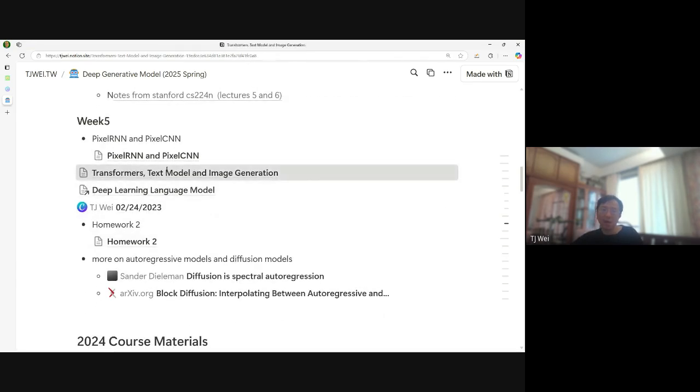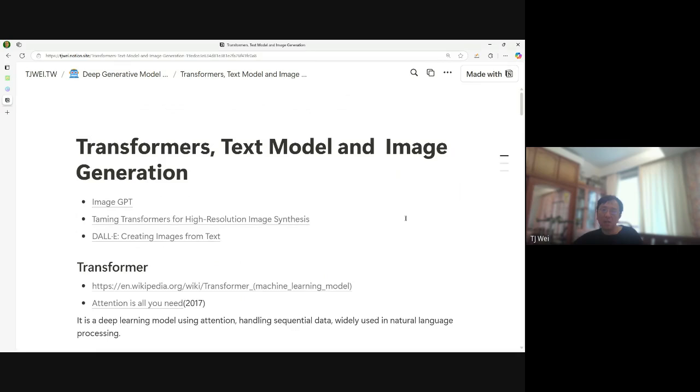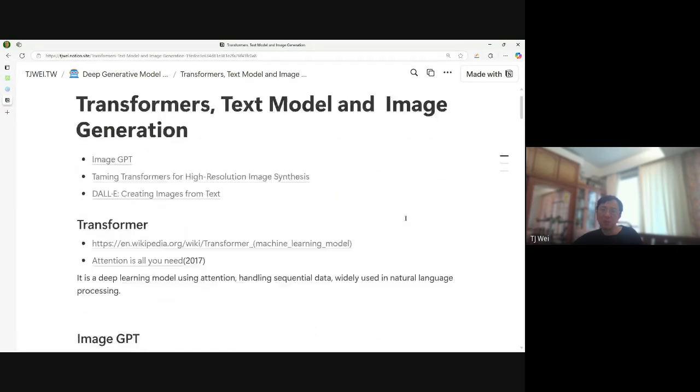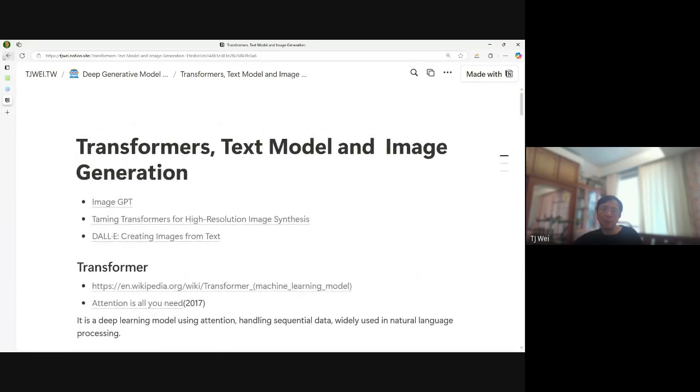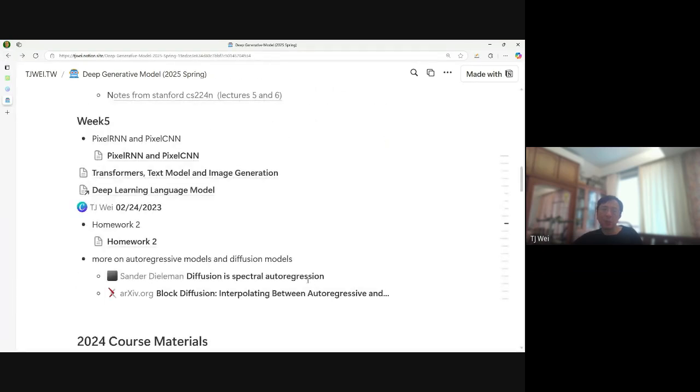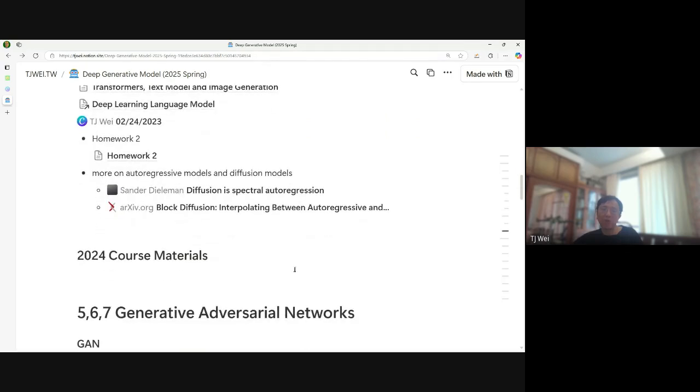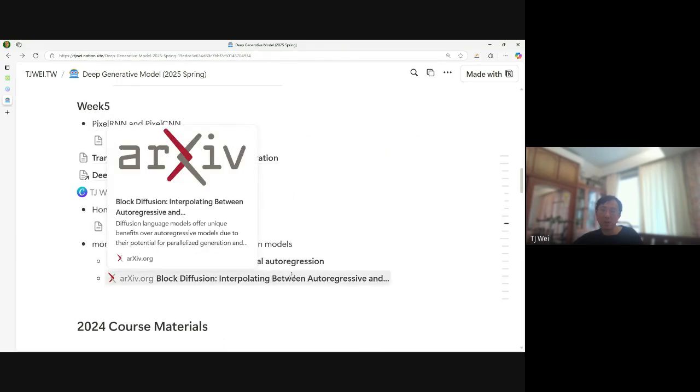Okay, so here are some examples of other things. But first of all, we are trying to see two examples where autoregressive models can be used.